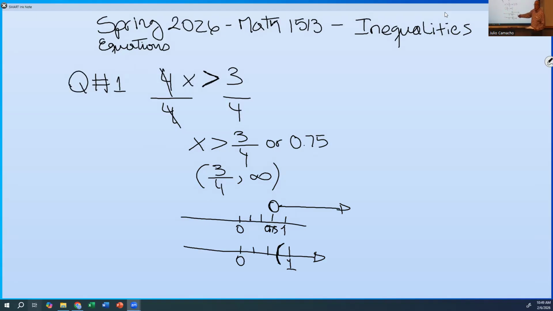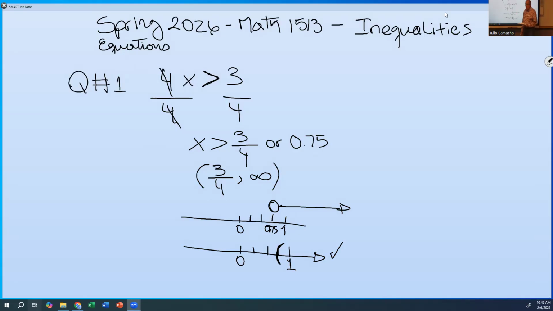That is another way to do it, because the parenthesis is exactly where 0.75 is, and you go this way, and you're saying the same thing. All the answers for these equations are greater than 0.75 or 3/4. So look for this picture. More likely that is what you will see in your exam, not a circle. Why did I use both? Because later, when we are doing some equations, you will have to use the circle. So I introduce both to you.